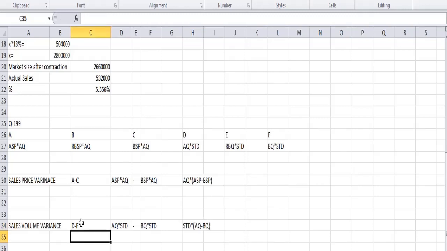Again we can classify this variance into the sales price planning variance and operational variance. So for planning I will write the shortcut, and operational, again planning and operational for the sales volume variance.